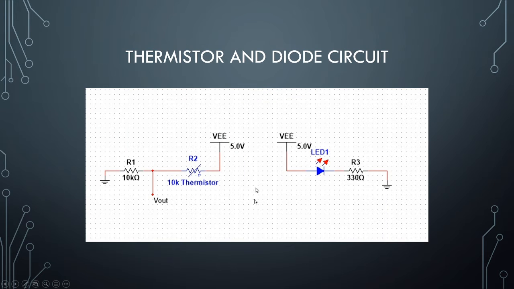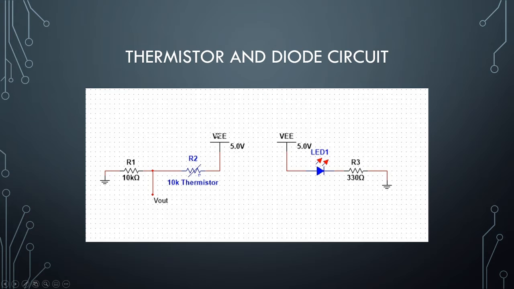So here are two circuits that I ended up building. This one on the left was what I used to calculate the resistance of the thermistor, since I didn't have all the information I needed. We'll get to the equation in one of the next slides. It'll make this make a little more sense.